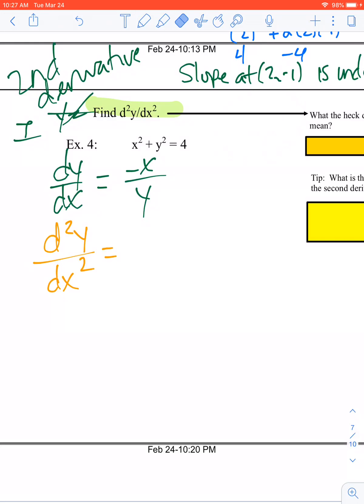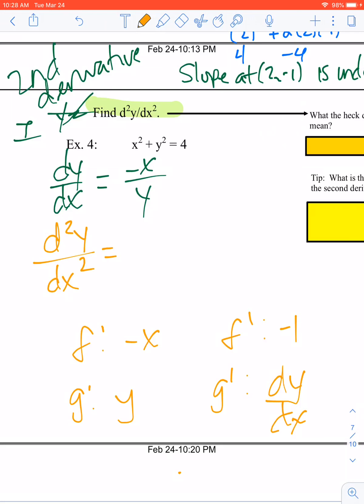All right, here we go. If I want to do quotient rule, I'm going to do some scrap work at the bottom again and then erase. So my f is negative x, f prime is negative 1, g is y, so g prime is dy dx. So f prime g would give me negative y.